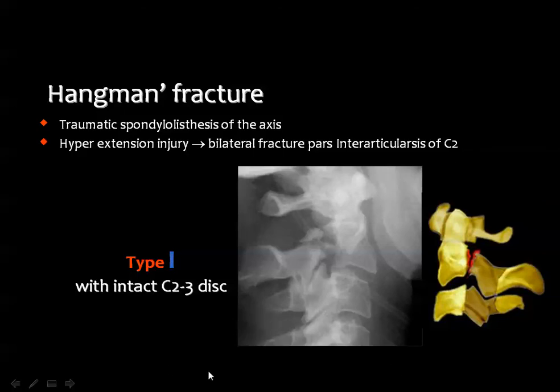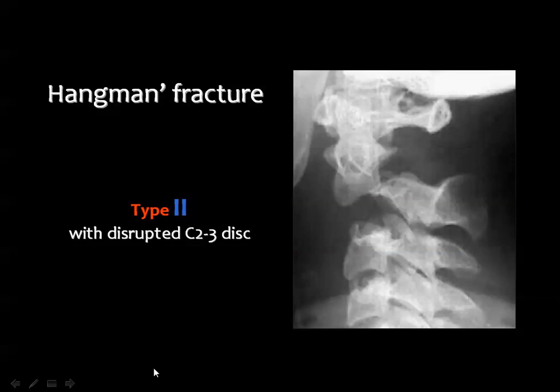We have three types of hangman fracture, depending on the state of the disc space between C2 and C3. If there is fracture of the pars interarticularis bilaterally and the disc space is preserved and the vertebra is not displaced, we call this hangman type 1 fracture.